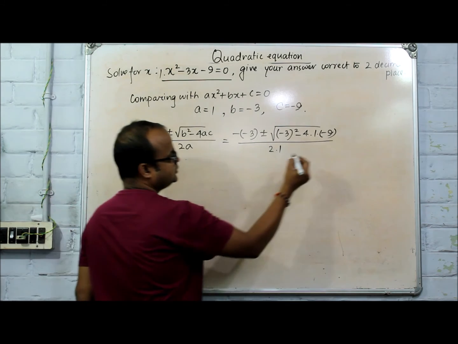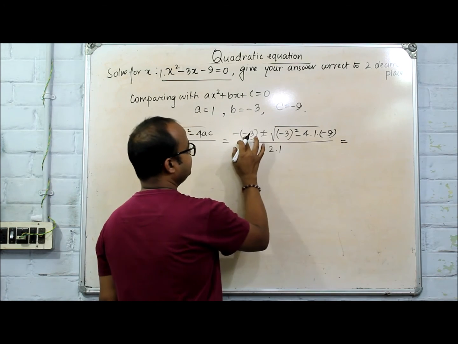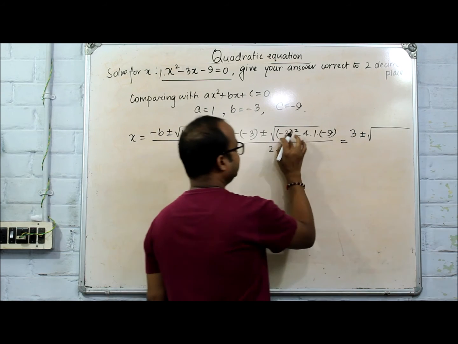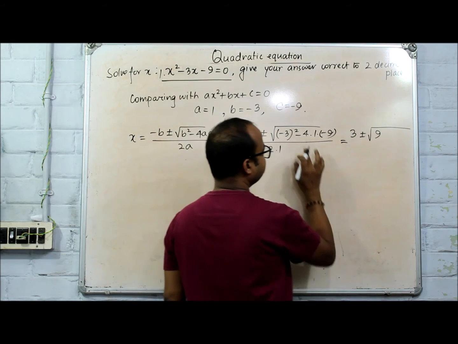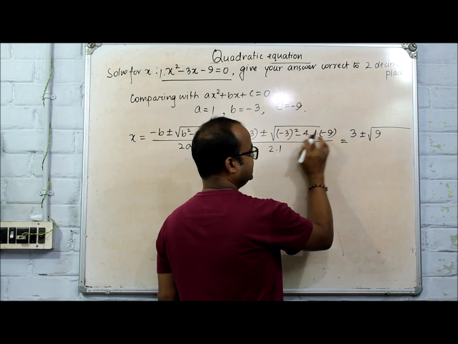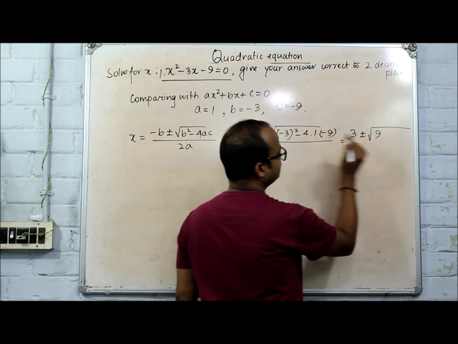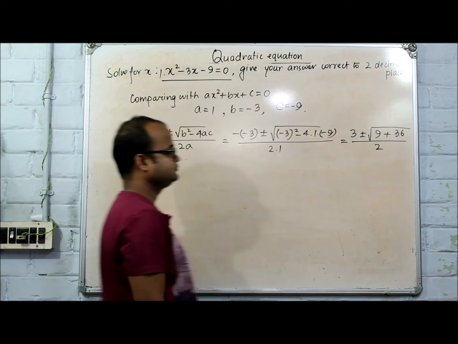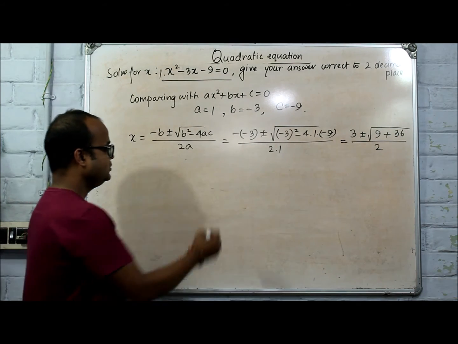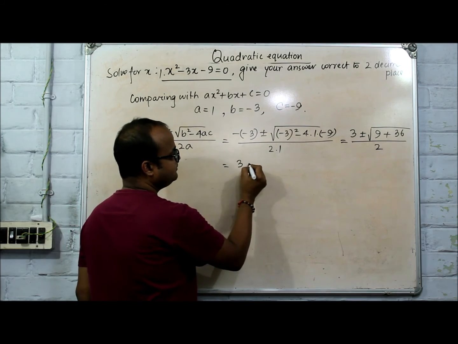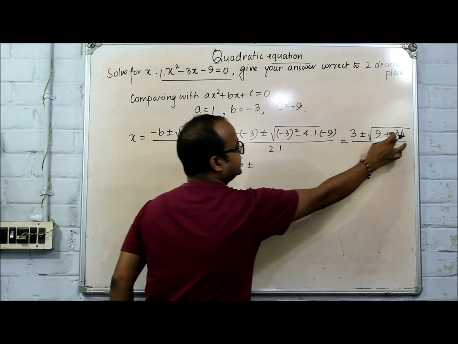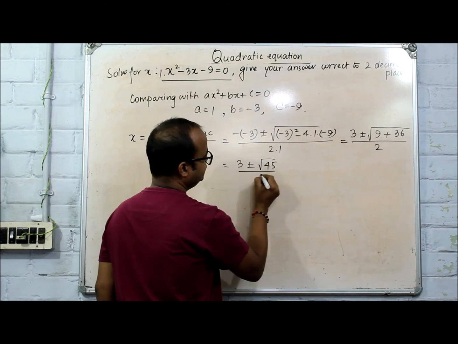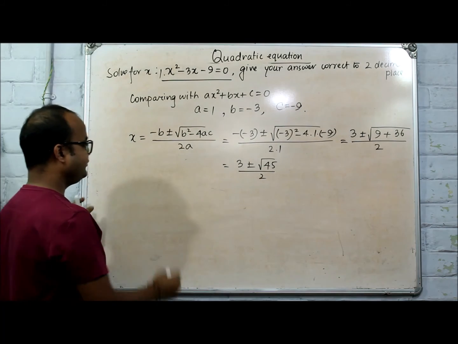If you simplify further, minus of minus is plus 3, plus minus 3 square, that is 9, minus minus plus 9 into 4, 36, by 2. So you get 3 plus minus square root of 36 plus 9, 45, by 2.